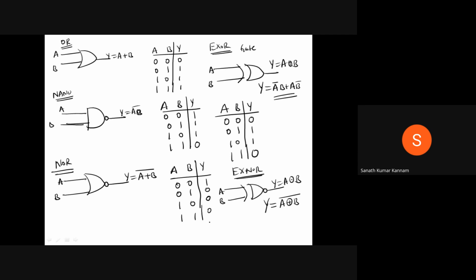If we see the truth table, A, B, and output Y: 0 0, 0 1, 1 0, 1 1. If both inputs are the same, the output is 1. If the inputs are different, the output is 0. So the expression for XNOR is A bar B bar plus A B.